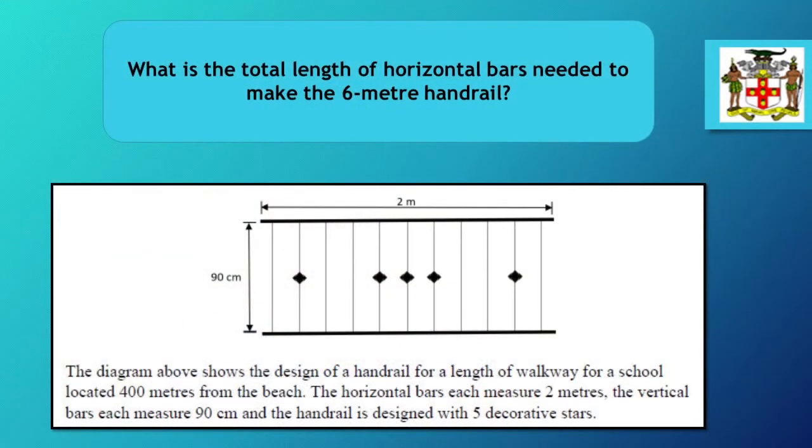And if you look carefully at the diagram, what do you see? Let me see if you're paying attention. You will notice that there's a horizontal bar at the very top, and there is another horizontal bar at the bottom. And so they're asking us for the total length of horizontal bars. What do you think the answer would be?